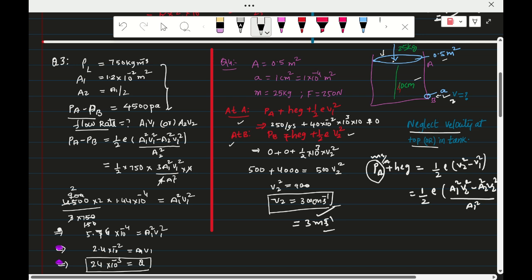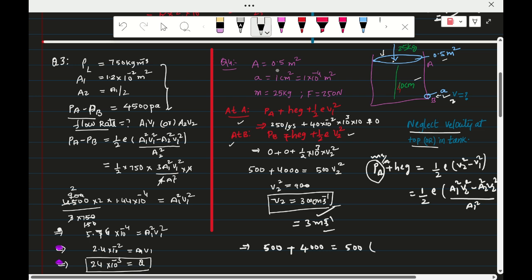So this is another model. If it is not neglected, what will happen to V2? See once, how much answer will come. So mg by A is 500, already calculated, plus H rho g is 4000, is equal to, it is water only, so 1000, so 500 into V2 square taken common, A1 square minus A2 square by A1 square.